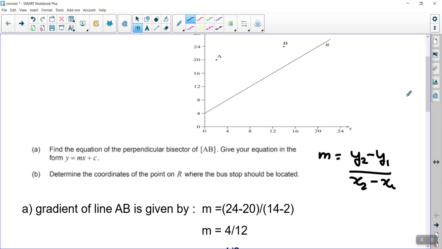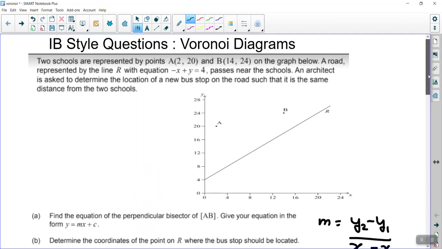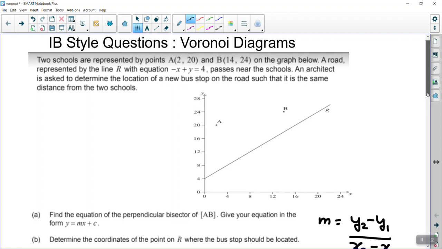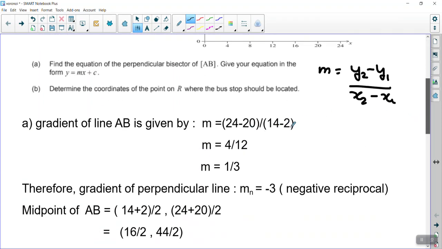We know the points are (2, 20) and (14, 24). Taking the y coordinates, that's 24 and 20, so 24 minus 20 over 14 minus 2, which is the x coordinates. 24 minus 20 gives us 4, 14 minus 2 gives us 12. 4 divided by 12 gives us 1 over 3. So the gradient of line AB is 1 over 3.